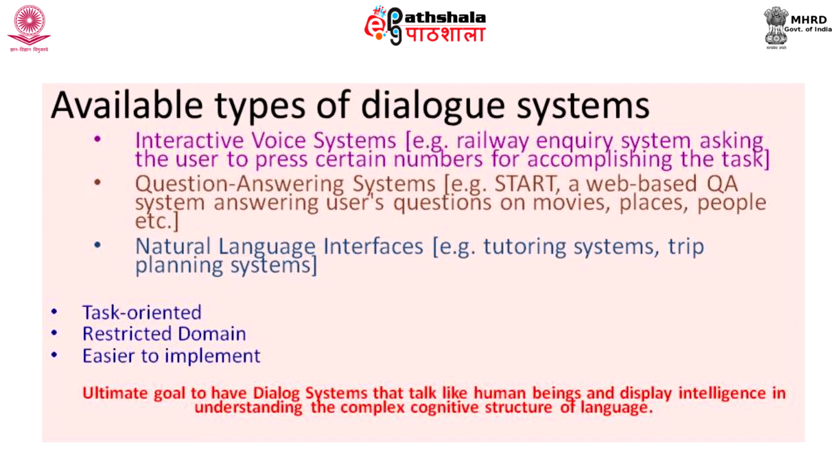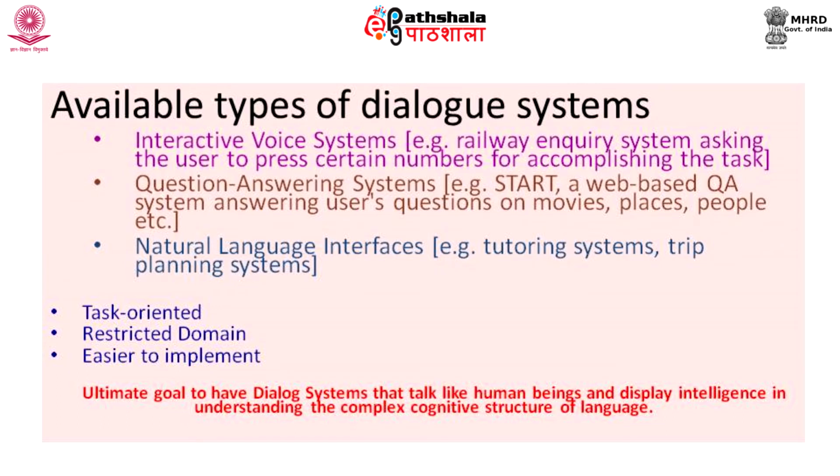Basically, dialogue systems can be categorized as task-oriented or restricted to a domain, or a general domain, and the basic phenomena that one looks for in a dialogue system is the one that is easier to implement. The ultimate goal of dialogue systems is to have one that talks like human beings, displaying intelligence in understanding the complex cognitive structure of language.